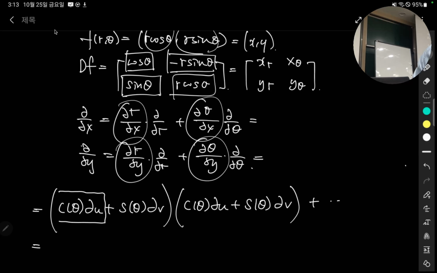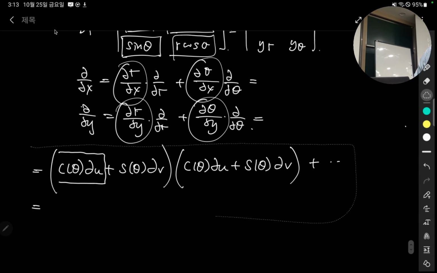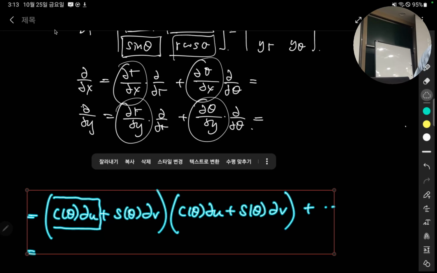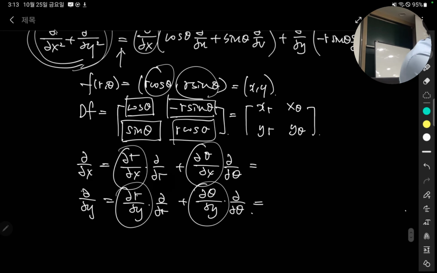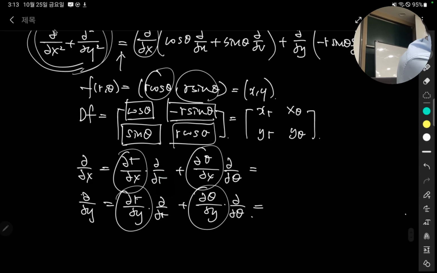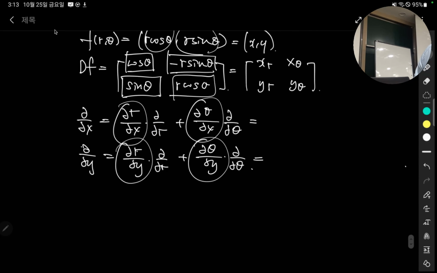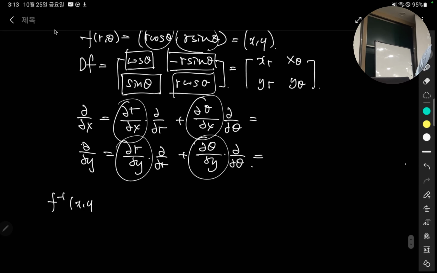We get this by taking the inverse of the function f. So let me move this a little bit further down here. If you have f mapping r theta to xy, let's say you get f inverse mapping xy to r theta. I want to find the derivative of this inverse function.